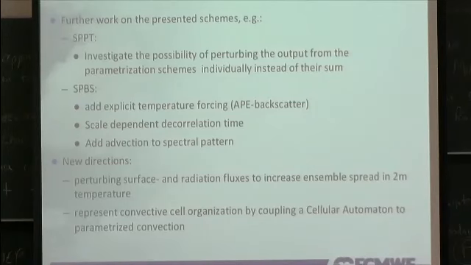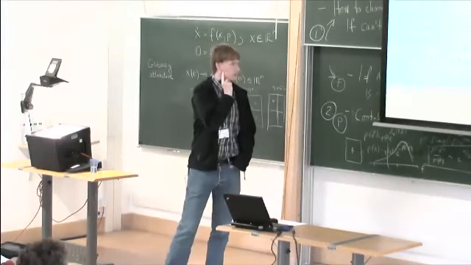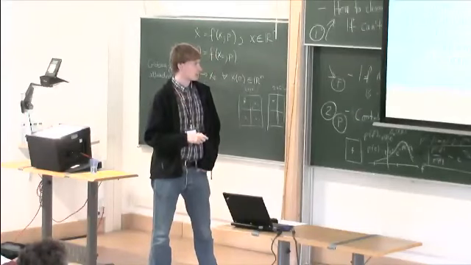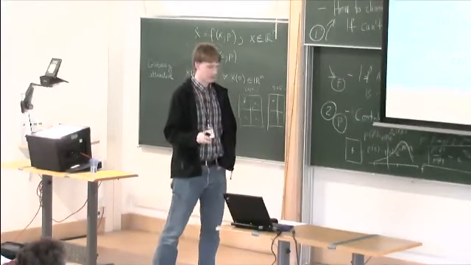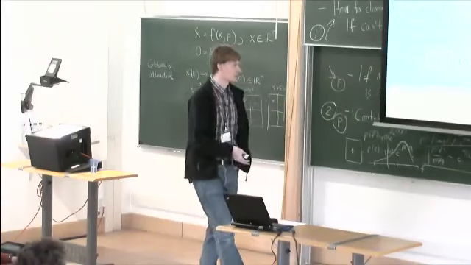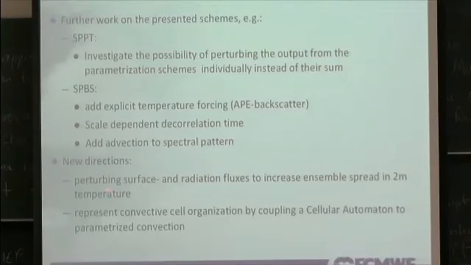And one is, Tim showed that in 2 meter temperature the results weren't that great with the stochastic physics compared to the multi-model at the moment. So one idea is to have additional perturbations of surface fluxes and of radiation, and together with that maybe clouds, which of course act on the radiation. And another thing is representation of convective cell organization with a cellular automaton, which is coupled to the convection scheme.